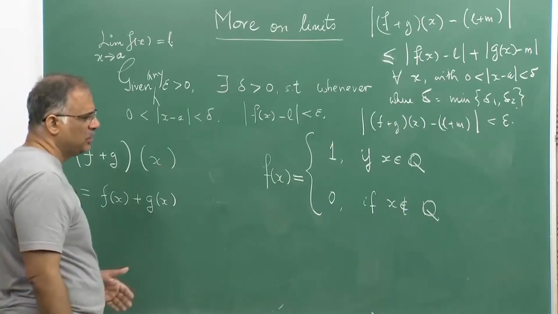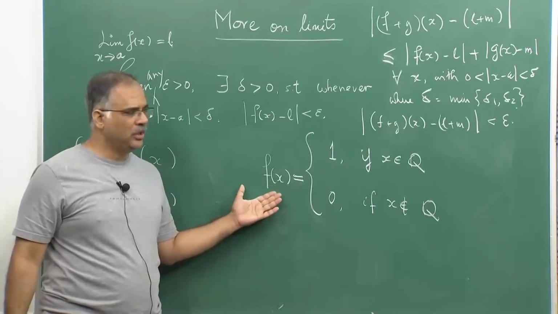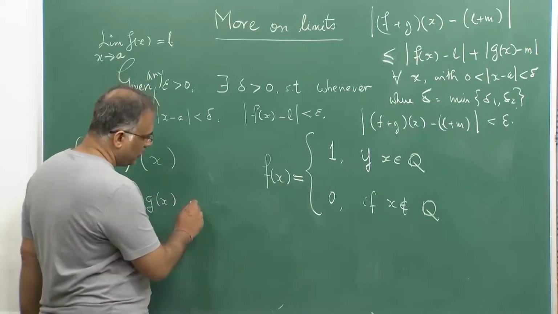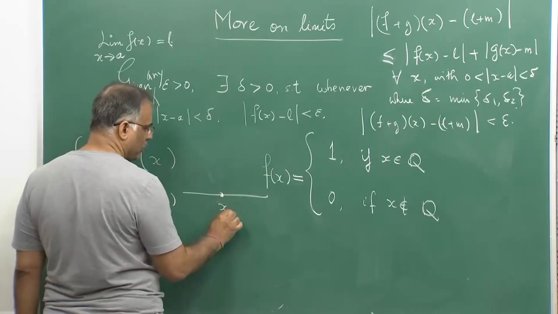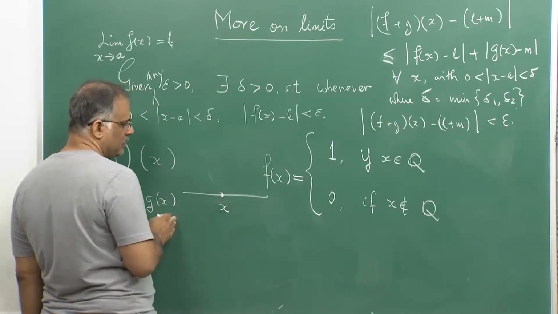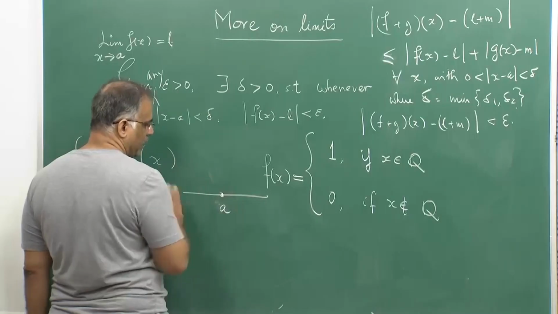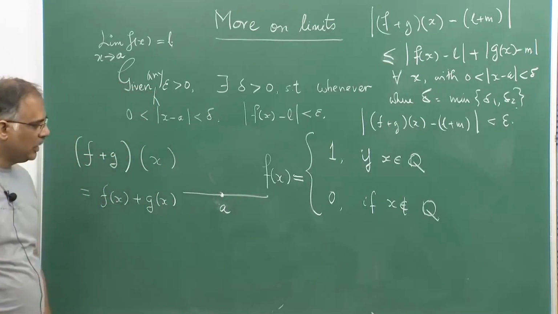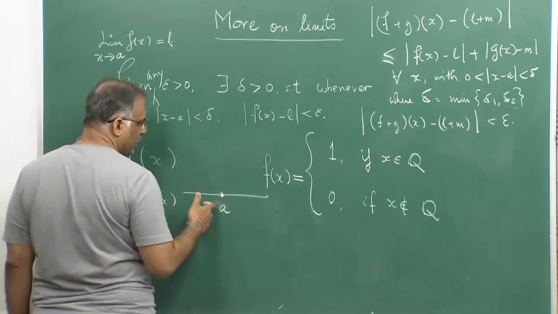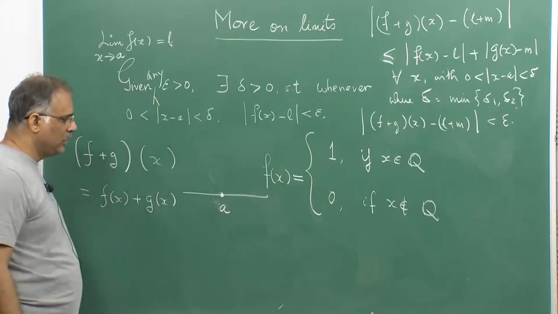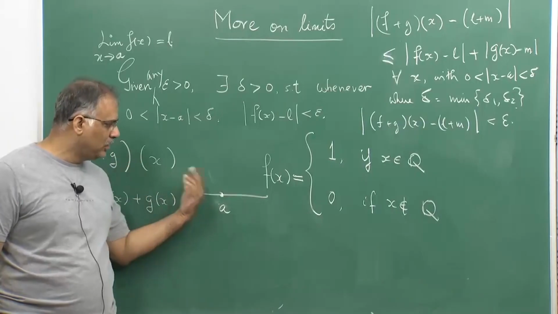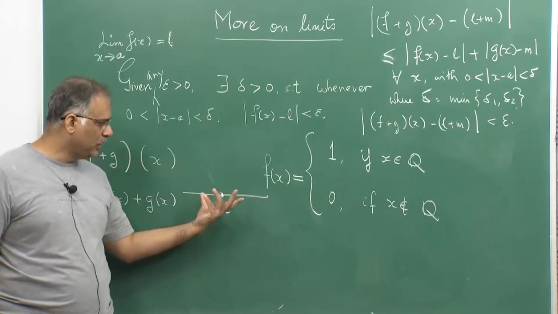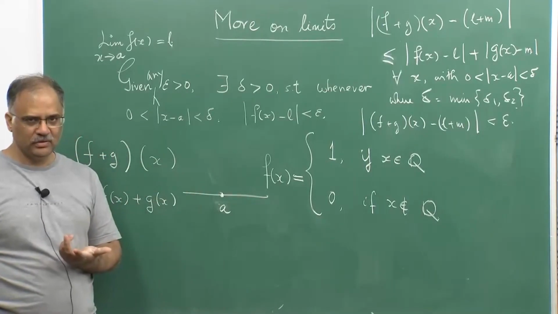This function does not have any limit, because if I take a rational number a, and x is approaching a from both sides, among these x's there will be rationals as well as irrationals.